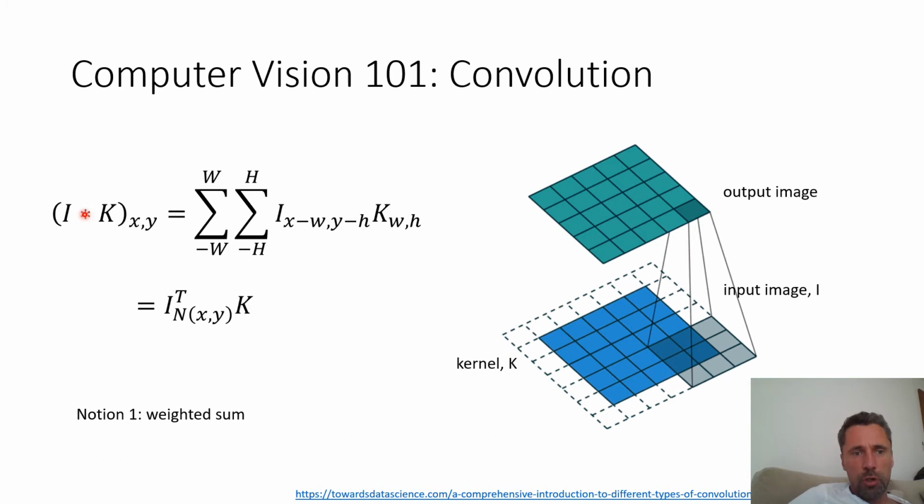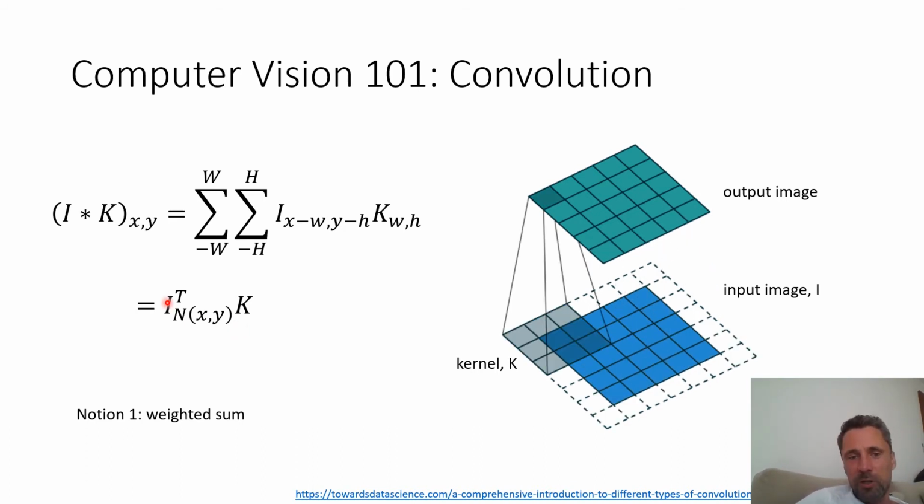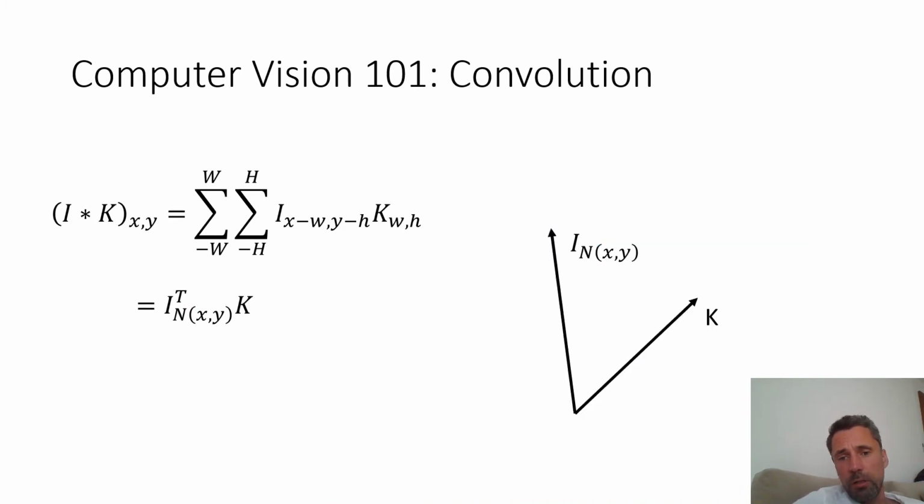The operation is usually notated with this asterisk sign. But what we actually do is basically have two vectors: the vector of pixel brightnesses I, if you just pull this into one dimension, and k, and then you have this dot product, which leads me to my favorite notion here, which is a kind of pattern matching.